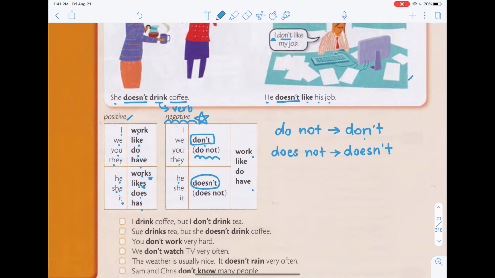So he doesn't work. You can't say he doesn't works. So you don't have to use the s twice. Because you use it here, you do not have to use it here. Okay, so he doesn't work. She doesn't work. It doesn't have. So the verb stays the same as the normal form.